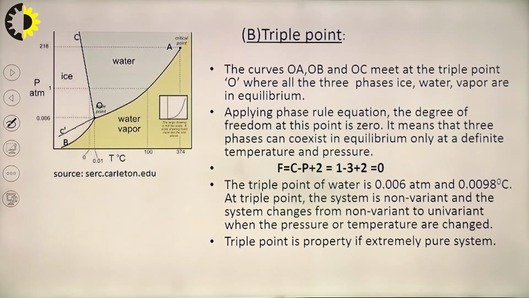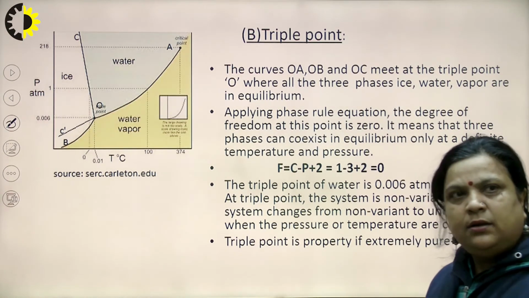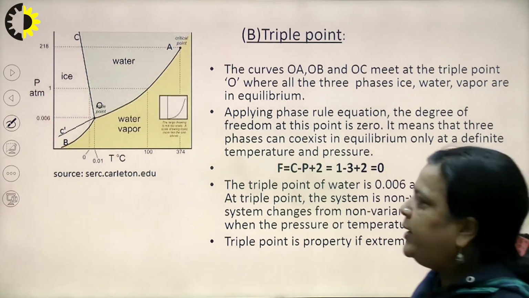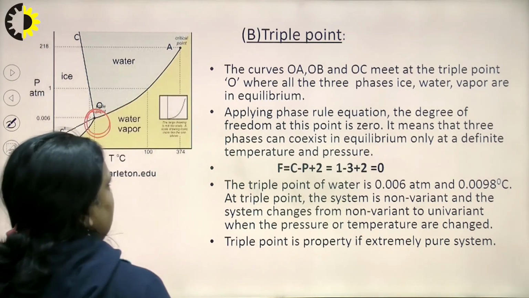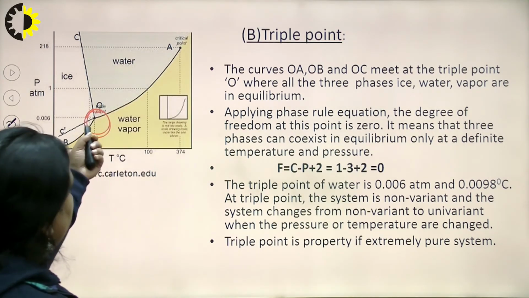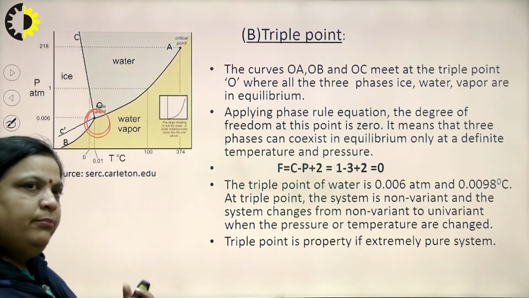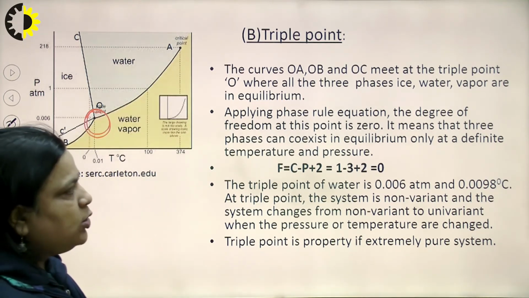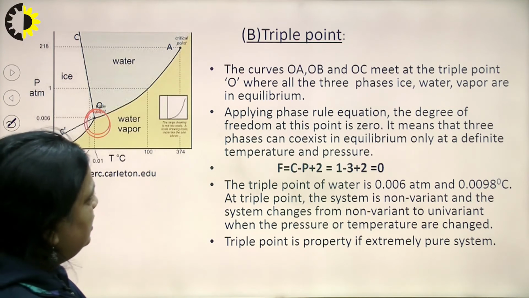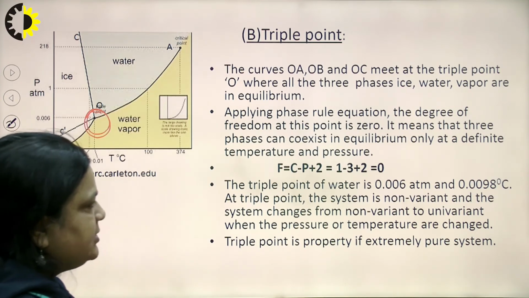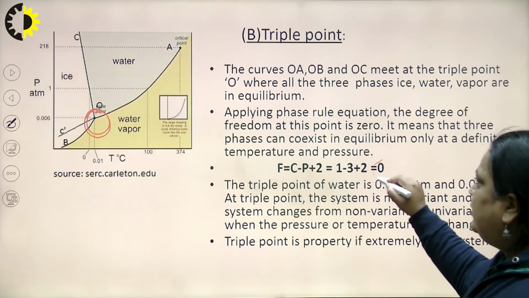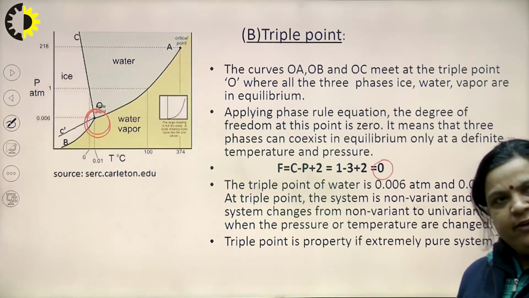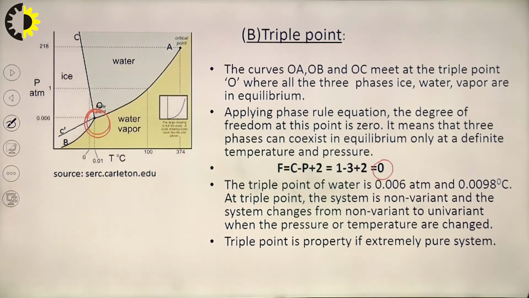Now, the next is the triple point. Triple point means a point where all three curves meet. So, the curves OA, OB and OC meet at a point O, and it is called the triple point. When we apply the phase rule equation and calculate F, it will be 0, which we have discussed previously.